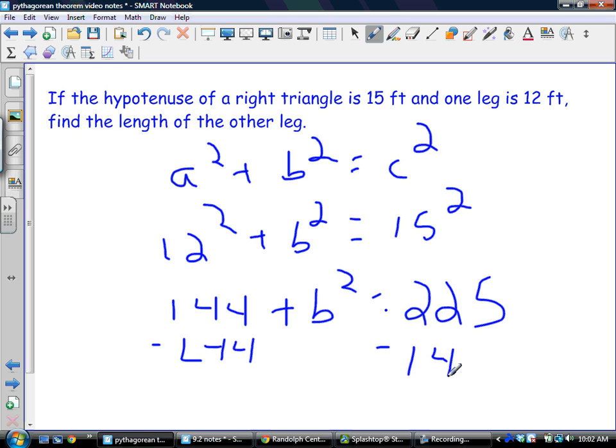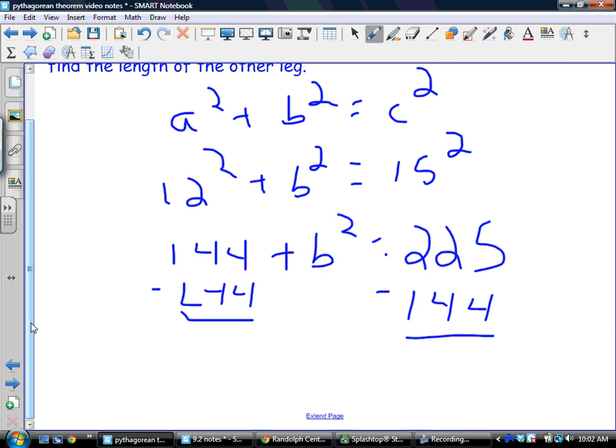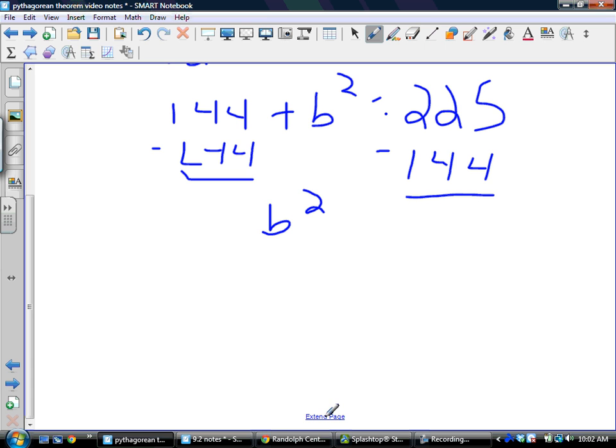If I subtract 144 from both sides, then I'll just have my b squared left over. And 225 minus 144 will give me 81.